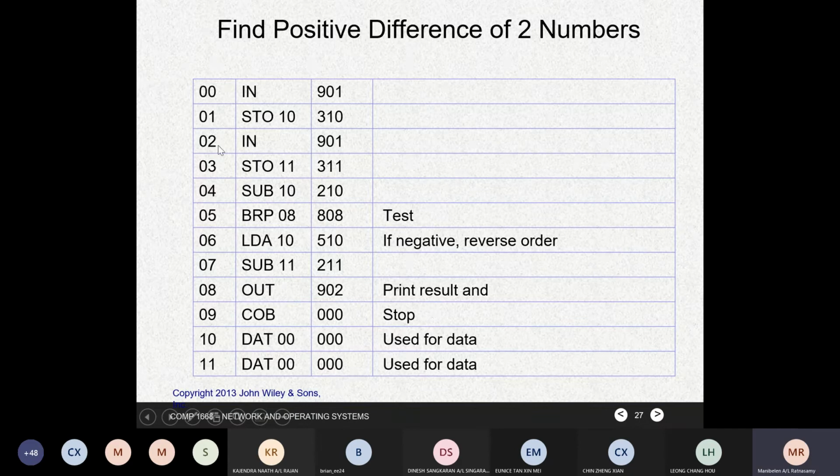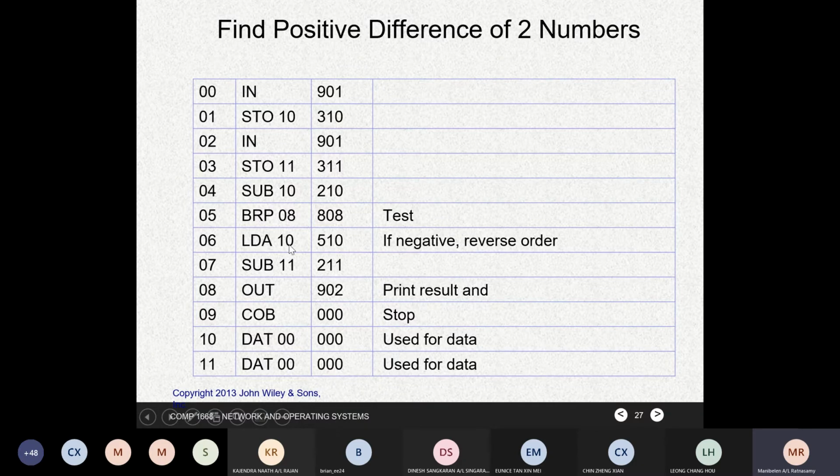So there are two operations here. One is to check whether the value is positive or negative. So that's how you write assembly language. And with that, now you understand how to input the first value, store the first value, enter the second value, store the second value, subtract 10, meaning whatever value you have in 10, you subtract it out from the second value and see what the output is.